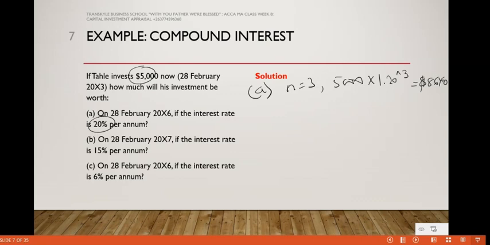Okay, then on B, on the 28th February 2007, this is now 4 years later. If the interest rate is 15%, so n is equal to 4, R is equal to 15%.